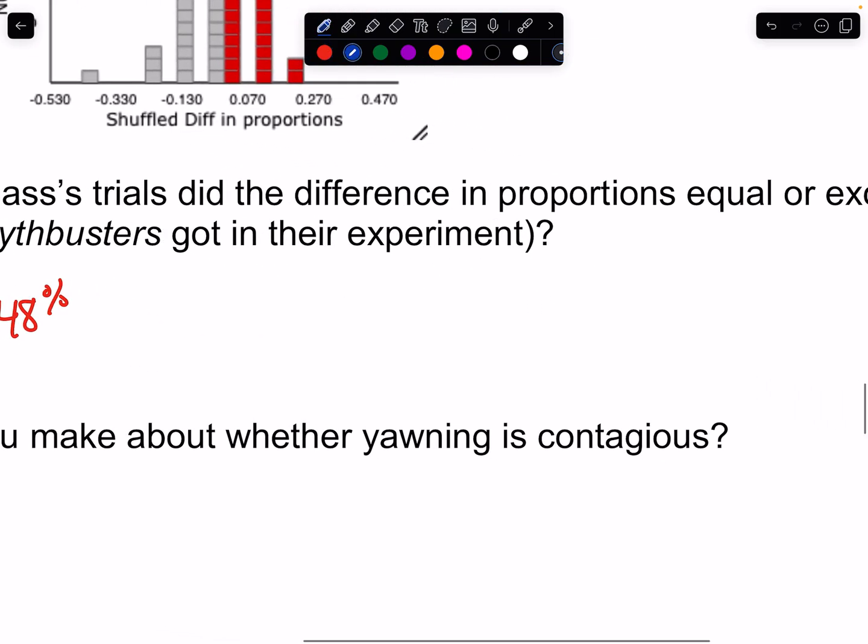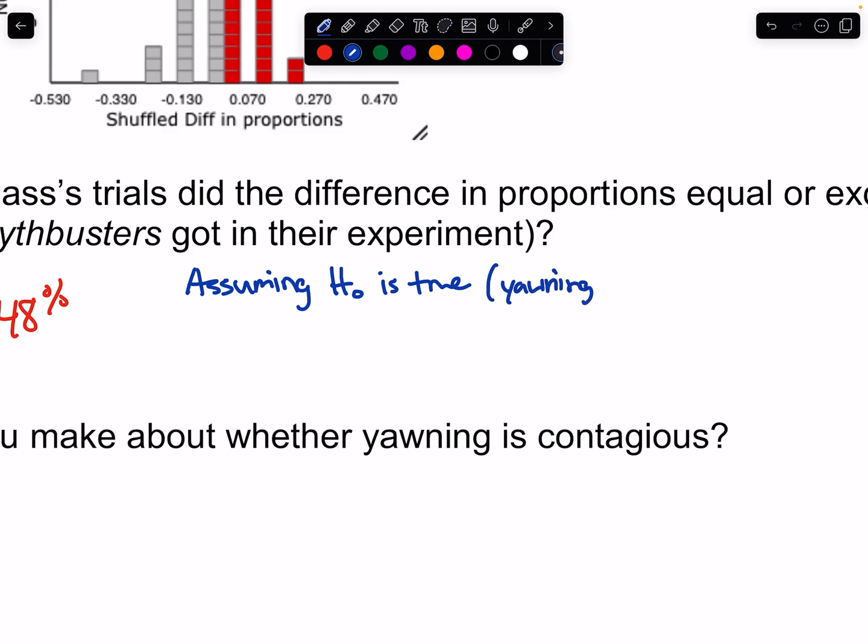So remember, we can say this: assuming our null hypothesis is true, meaning yawning is not contagious.